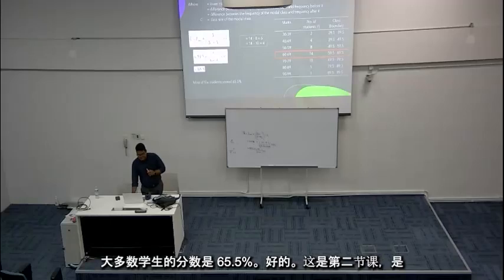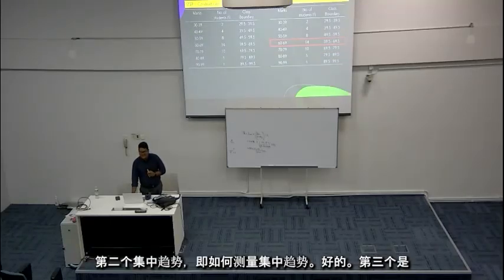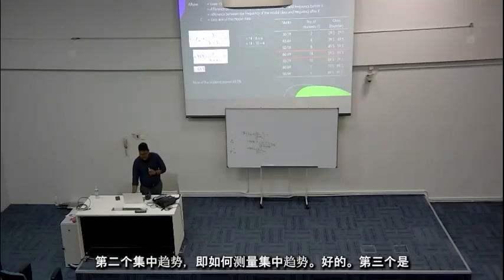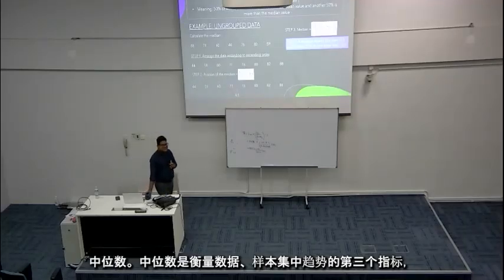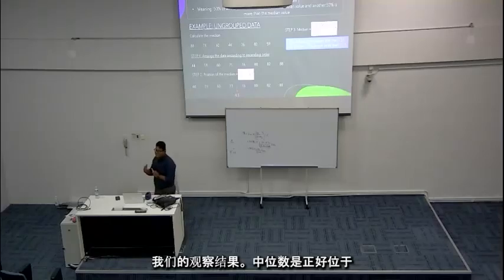Right, so this one is the second central tendency, or how to measure the central tendency. The third one is the median. The median is the third measure of the central tendency of our data, of our sample, of our observation.